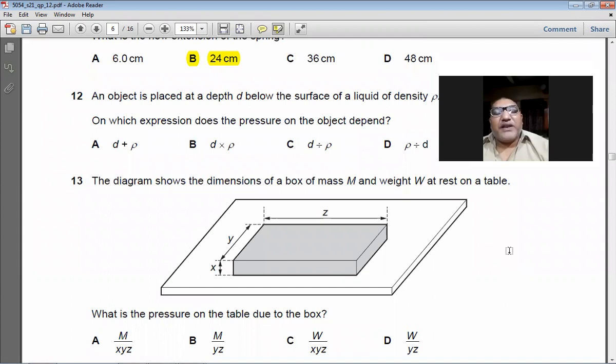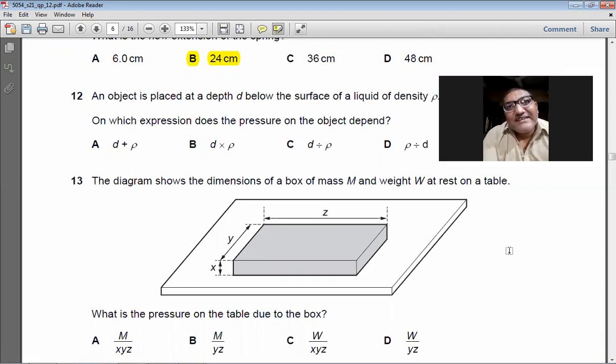An object is placed at a depth D below the surface of a liquid of density rho. On which expression does the pressure on the object depend? You know, the hydrostatic pressure, the pressure under the liquid is equals to rho GH.